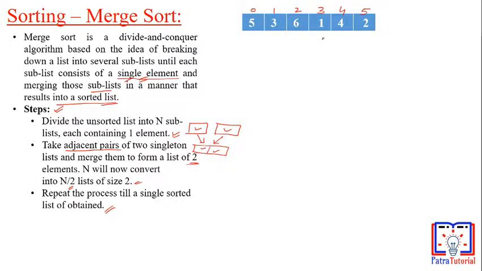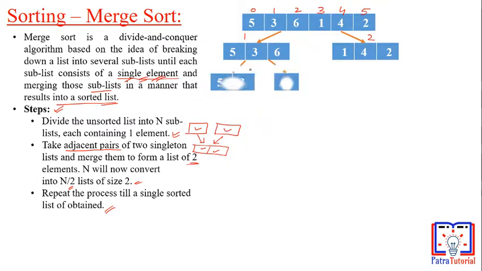Let me first divide this list into two sublists. After dividing, 5, 3, 6 goes into the first sublist and the rest is the second sublist. Again I have to keep dividing until each sublist consists of a single element, so I divide this sublist into two: 5, 3 in one list and 6 in the other.